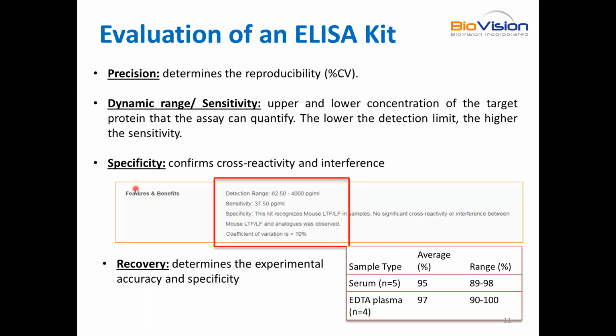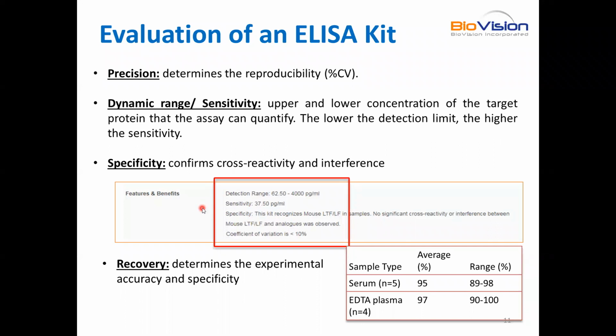Specificity is a crucial index for an ELISA kit as it confirms the cross reactivity and interference. Usually you have seen that suppliers provide all this information on their data sheet. While manufacturing these ELISA kits, it is always recommended that suppliers select raw materials like antibodies with high specificity, to ensure that the ELISA kits have excellent specificity.